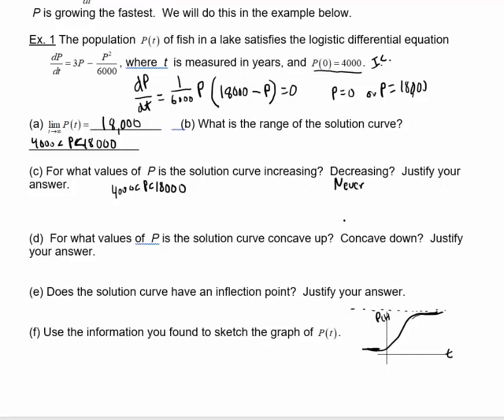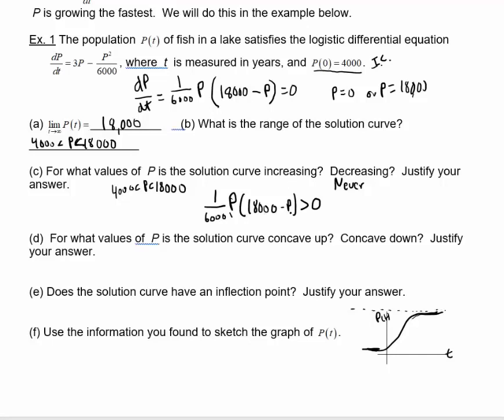Okay. And your justification for your answer: increasing means the first derivative is greater than 0, so my factored first derivative would be this. And I want to find out where that's equal to 0, which is 0.18. And then when it's greater than 0, well, as long as p is less than 18,000, this will be a positive number, and this would be a positive number. So that's going to give you a positive first derivative, so that would be increasing.